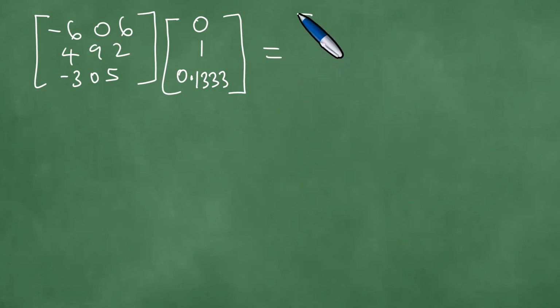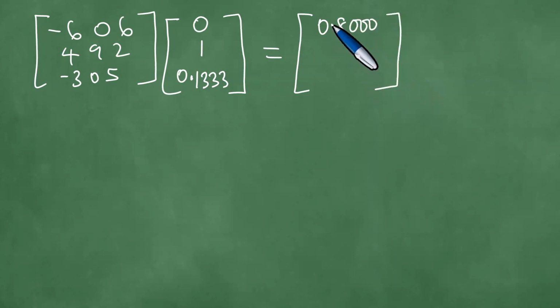Okay, so now you continue with the multiplication. If you multiply minus 6 by 0, you get exactly a 0, 0 by 1, you get a 0, and 6 by this, which is 0.8, 1, 2, 3, like this. Then you do row by column multiplication, which means 4 by 0, 0, 9 by 1 is exactly 9 plus 2 by this.